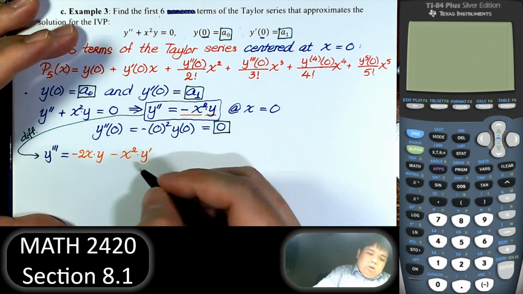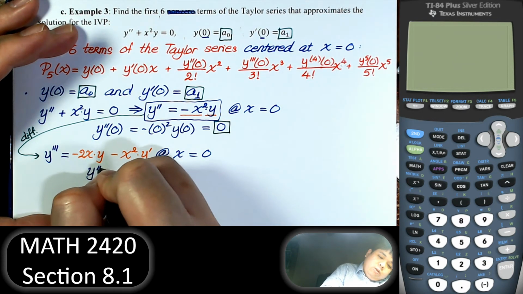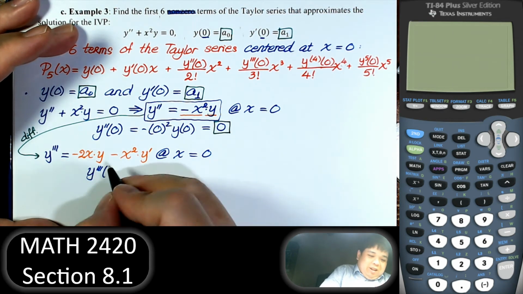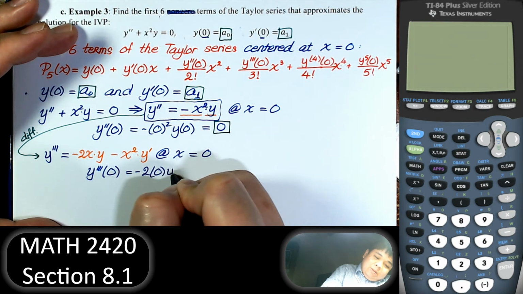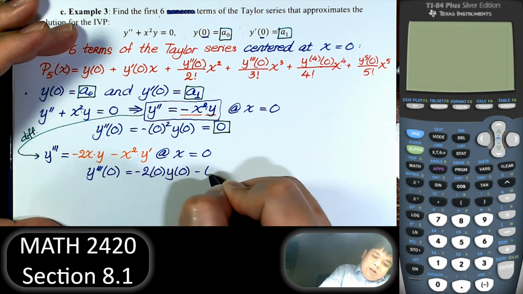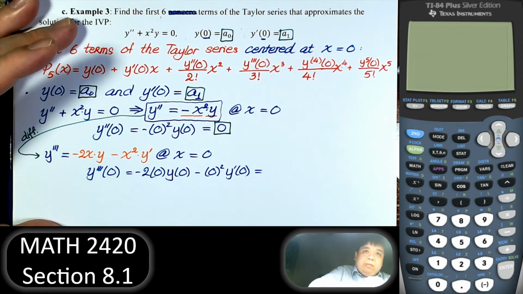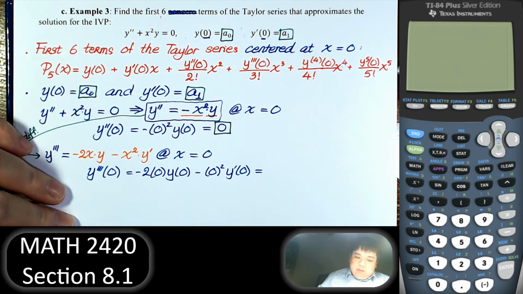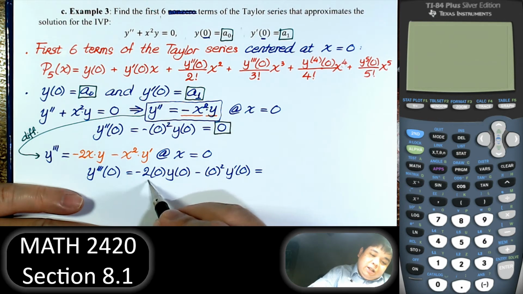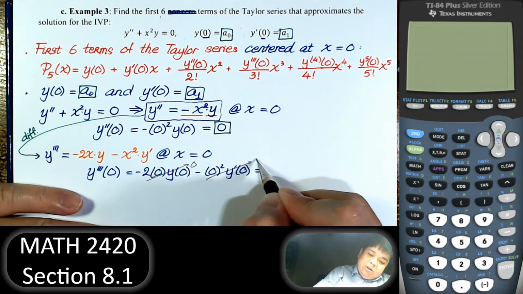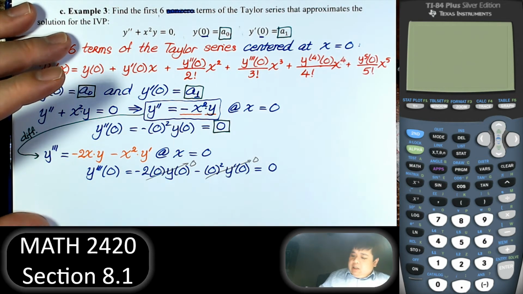Right, so that's just a product rule. Is equal to 0, so y triple prime, the third derivative of y at 0, put 0 in for x: negative 2 times 0 times y of 0, minus 0 squared times y prime of 0. We have 0 here, times anything is 0, so the third derivative is equal to 0. Then you say, what happened?